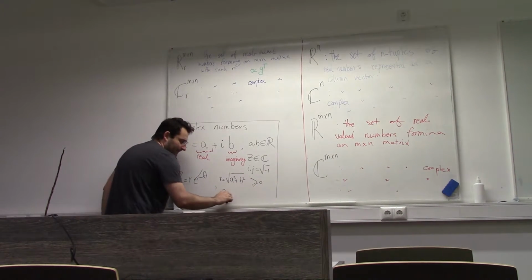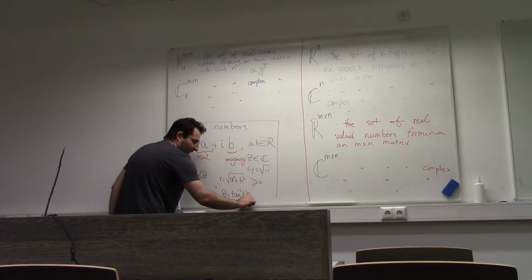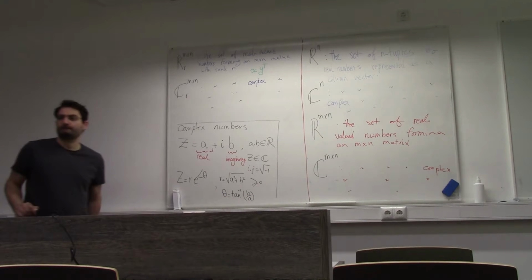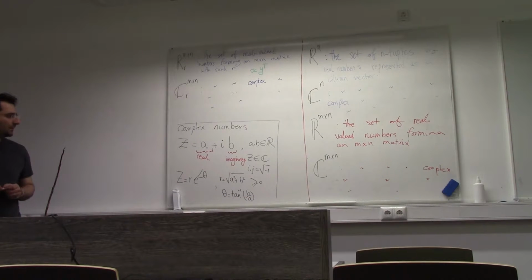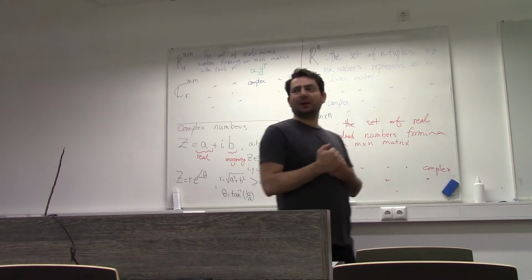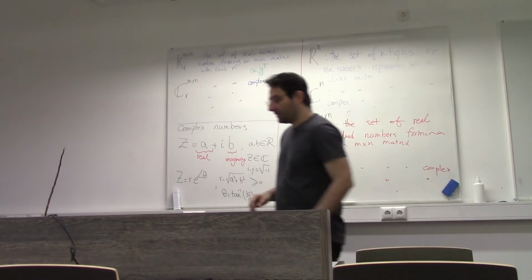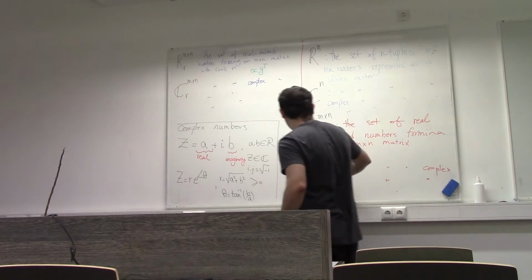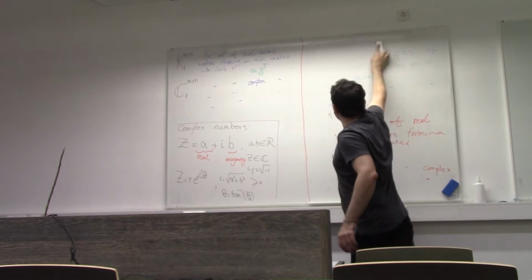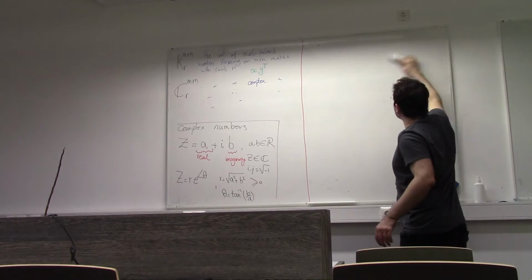And theta is tangent inverse of b over a, right? We may need a few formulas, like Euler's formula, in order to simplify, so let me write them down as a good reminder.